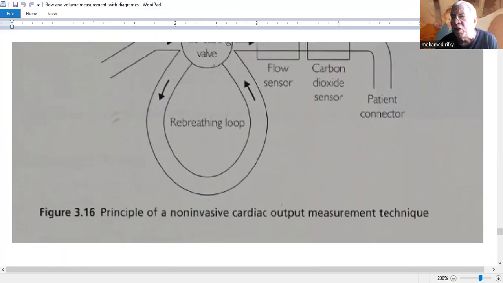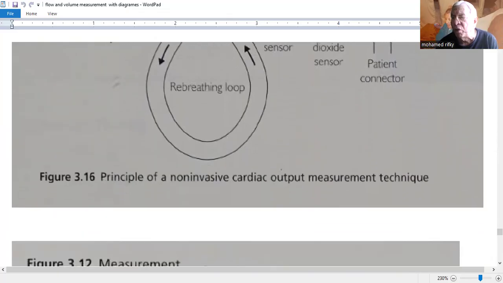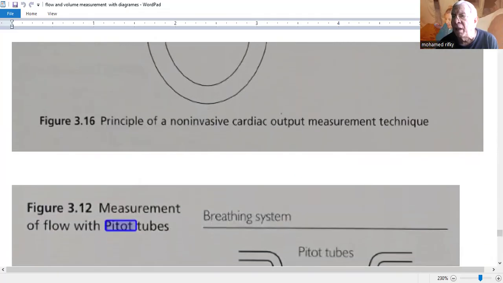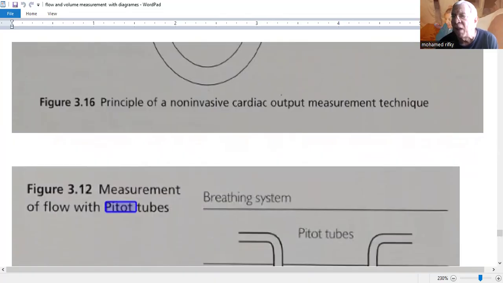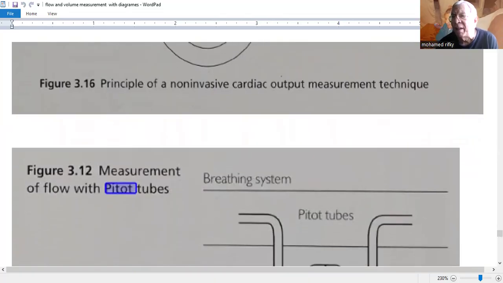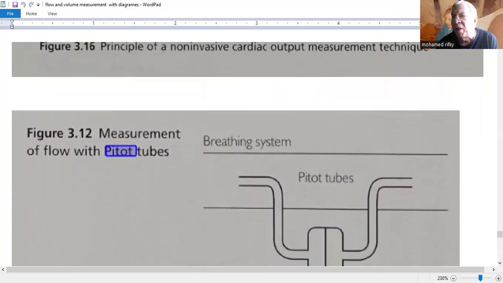The shunt equation, of course, we must put in our consideration while performing this method. How can we estimate it? Simply, we can know the oxygen concentration going to the patient, and then we can predict the oxygen saturation. Accordingly, we can estimate how much shunt is present.